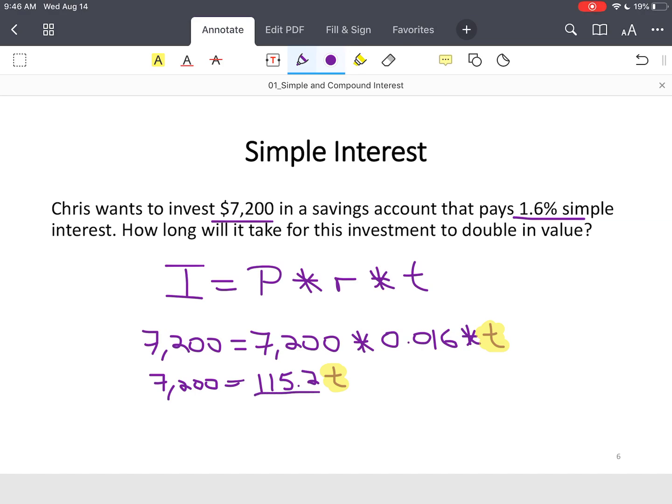So we're going to divide both sides by 115.2. 115.2 divided by 115.2 is 1, so we're left with T on the right side of the equation. We divide 7,200 by 115.2.